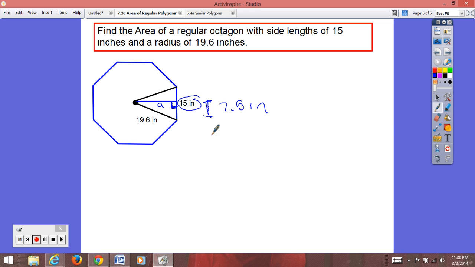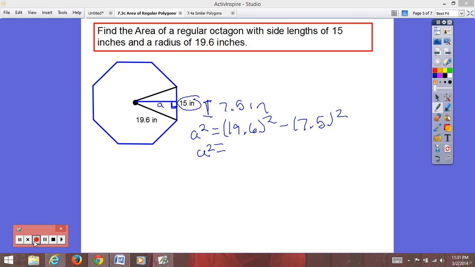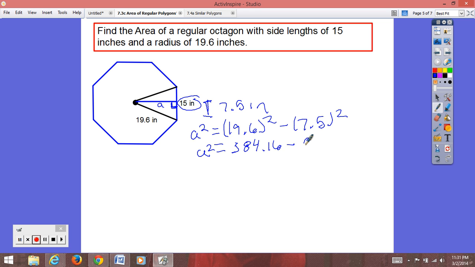To find a, we could use the Pythagorean theorem. So a squared equals 19.6 squared minus 7.5 squared. That comes to 384.16 minus 56.25.